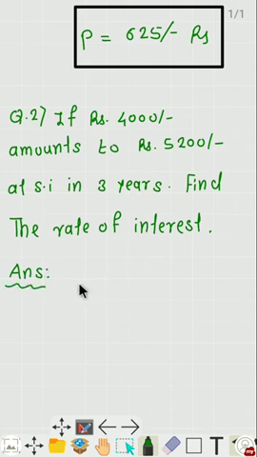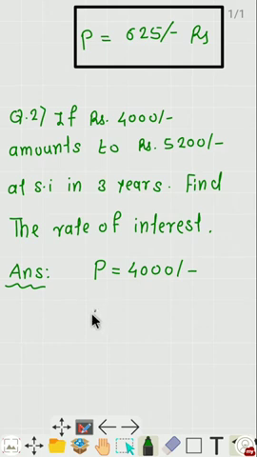Okay, so it is given to you, if rupees 4,000 amounts to rupees 5,200 at simple interest in 3 years, find the rate of interest. So what we have given, the initial principal is rupees 4,000.